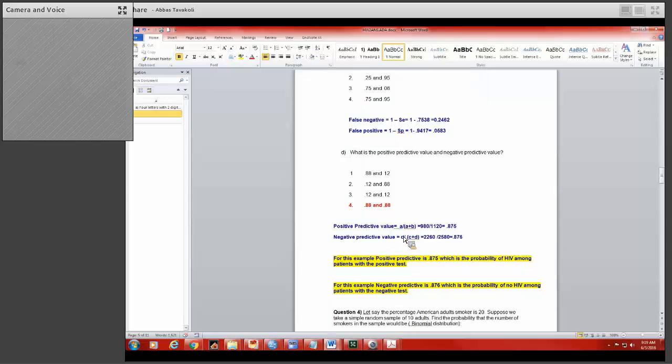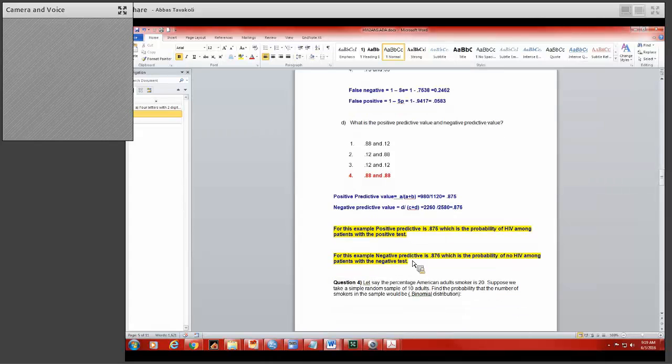Again, A over A plus B is 980 over 1120, which is 0.875, and D over C plus D is also 0.875, so both are 0.88. The positive predictive value is the probability of HIV among patients with a positive test, and negative predictive is basically the probability of no HIV among patients with a negative test.